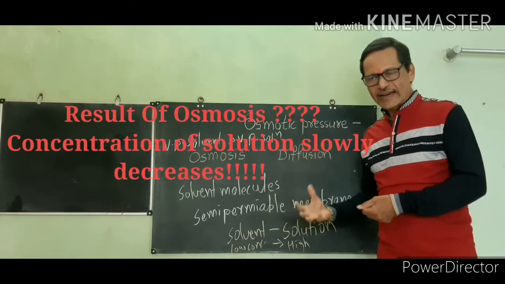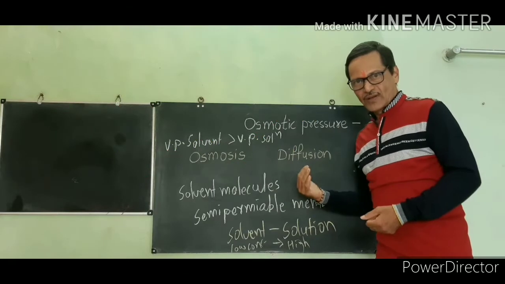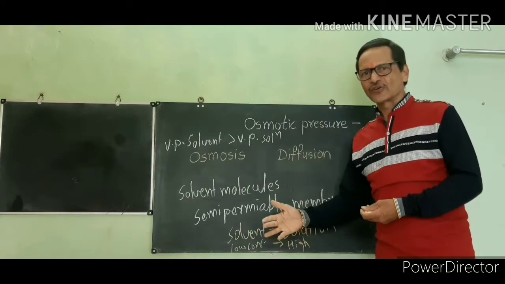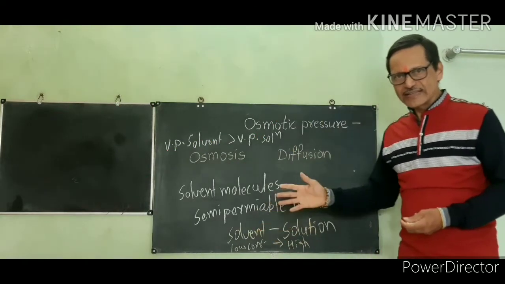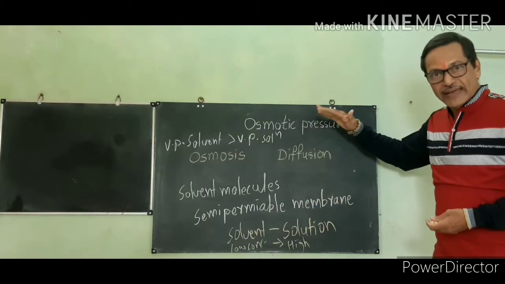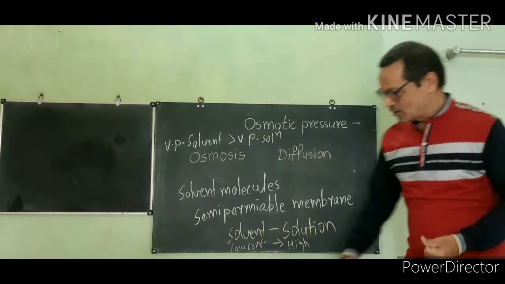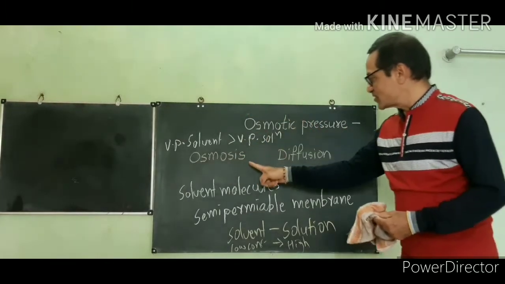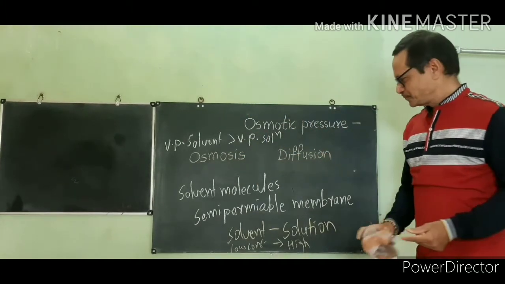So the solution gets more water, and decreasing concentration will be observed. This is the result, and the height of the solution side will increase. So this is about osmosis and diffusion.